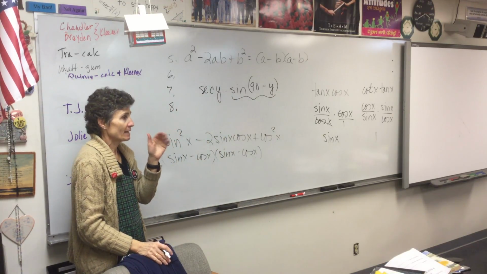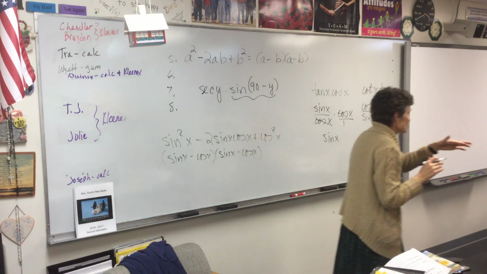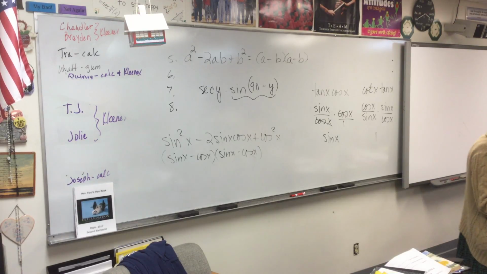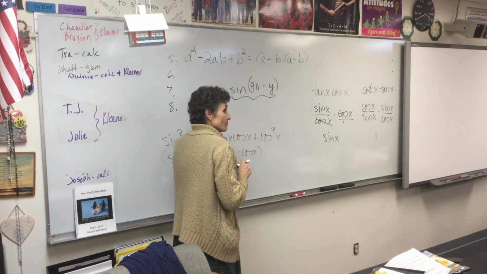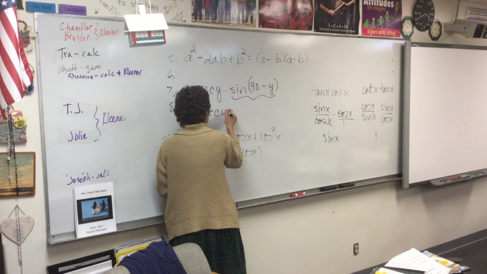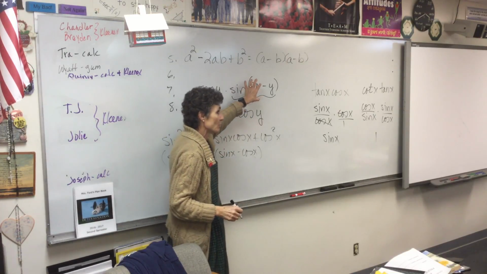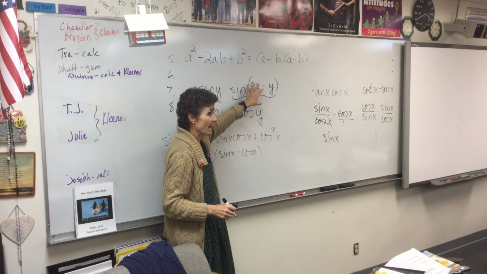I see a 90 minus y. What do I immediately think? Complementary. Which makes me think co. What is the co-function for sine? Cosine. So I have secant times cosine. Oh my gosh. We just talked about this. We have an identity for that.